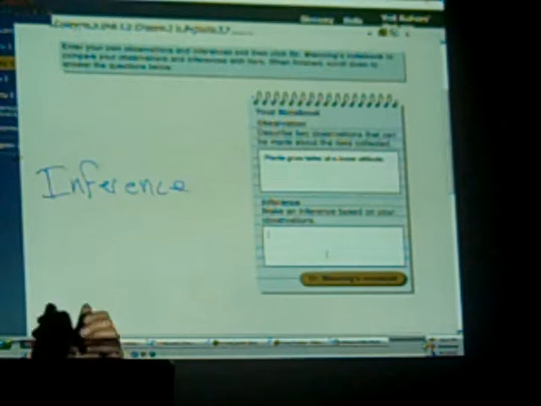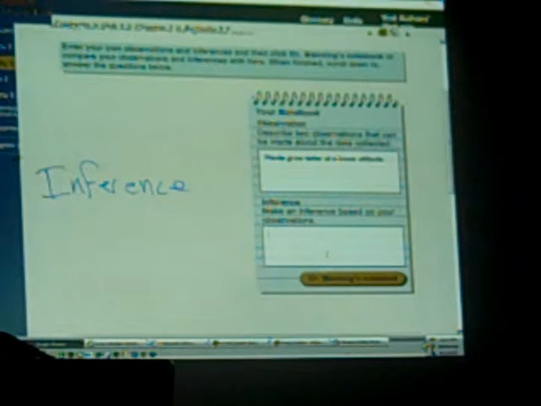But what's an inference? What does it mean to infer something? To tell? No, that's different. To infer, like if I see something out in the world and I infer something from it, that means to draw a conclusion or to make a connection.